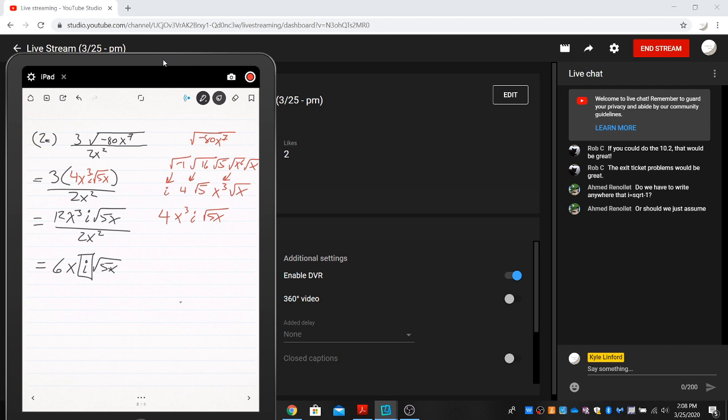Oh, you can just assume. Mathematically, i is defined as the square root of negative 1. So you don't need to state that in your work. This symbol i, just like pi is a constant symbol, same thing with e, is a defined symbol. So we can just assume everyone knows that. You don't have to go and redefine it.